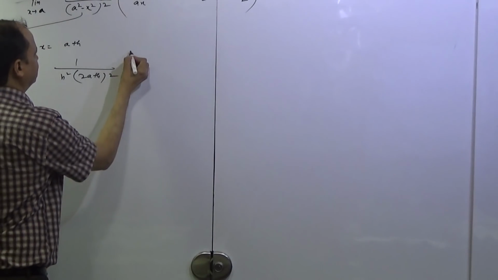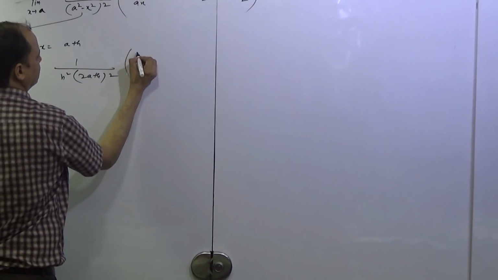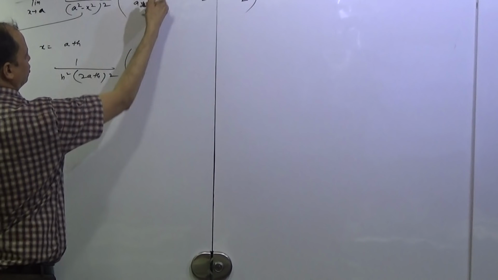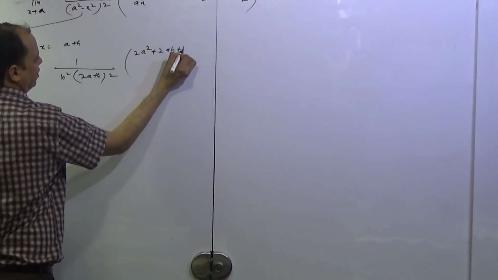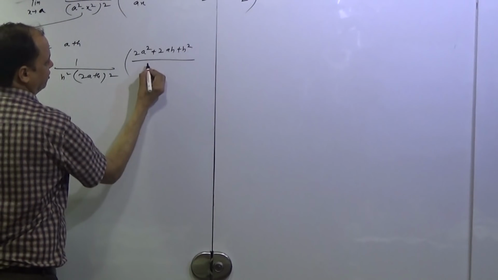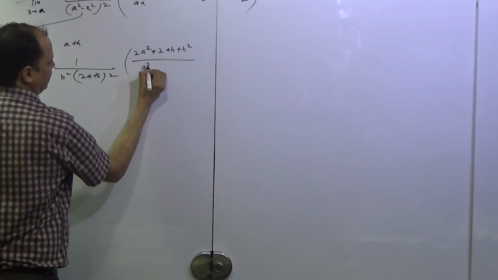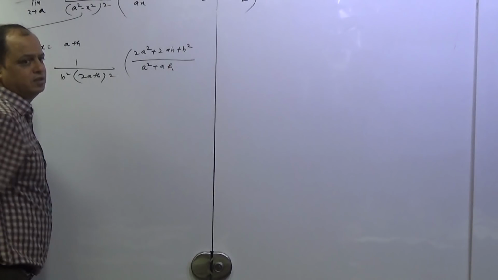What is left inside? I will write here also. I will write directly a plus h whole square and 2a square plus 2ah plus h square. Am I right? Yes, sir. Divided by a times a plus h, means a square plus ah. Yes, sir.